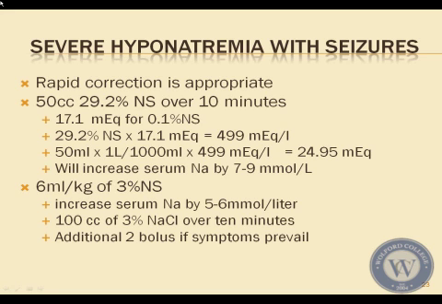to treat. What's usually recommended is giving 50 cc's of 29% normal saline over 10 minutes. This basically contains around 17 milliequivalents for 0.1% normal saline. So if you're looking at 29%, then you're looking at 17.1 milliequivalents times 29%, which is basically 499 milliequivalents per liter.